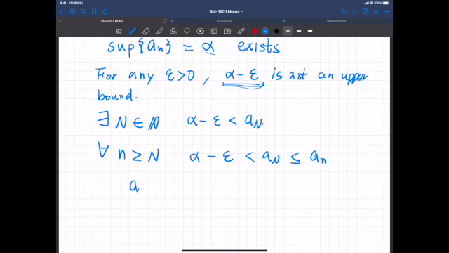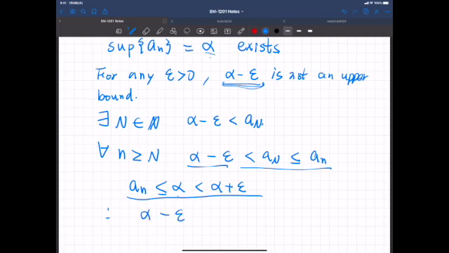So that means for any n, a_n is less than or equal to alpha. And if we add epsilon to alpha, that is greater than alpha, of course, because epsilon is a positive value. So therefore, we have this inequality on one hand and this inequality on the other hand. That is, alpha minus epsilon is less than a_n, which is less than alpha plus epsilon.